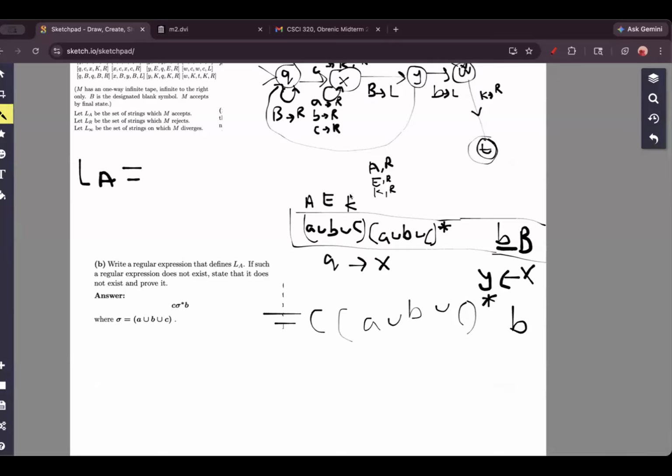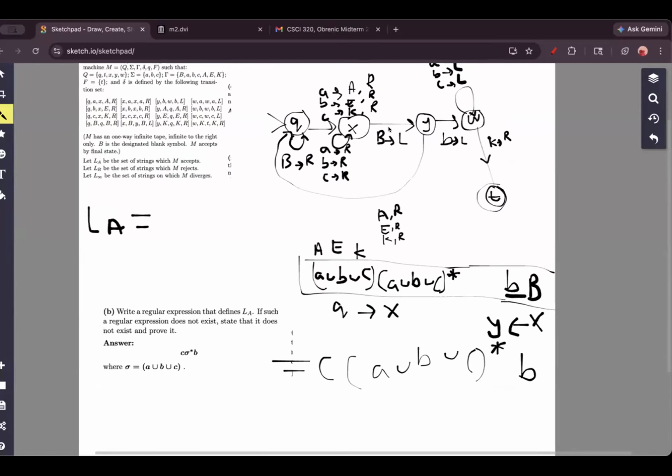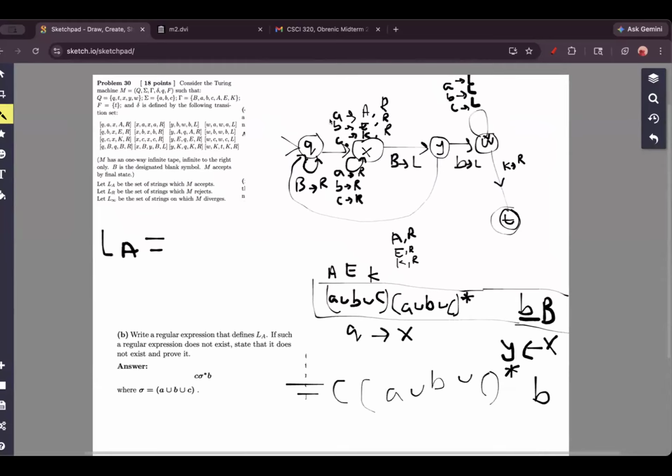Okay, why'd you replace the whole Q state with C? I'm sorry? So for Q, it says A or B or C, and then you said you went left, and then now it's C with A or B or C star.